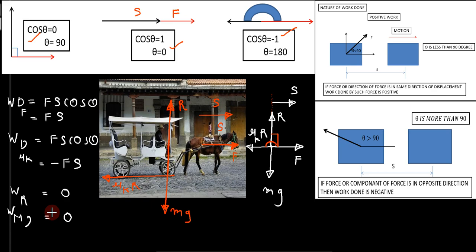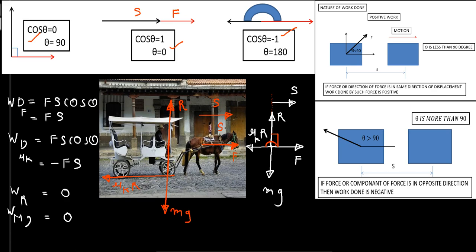So these are the positive, negative, or we can say 0 work. So normal reaction and weight don't contribute to work done. Only force F contributes positively in the work done. Mu k contributes to the work done but negatively.